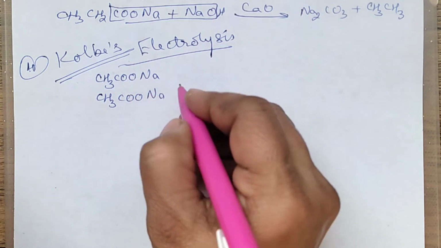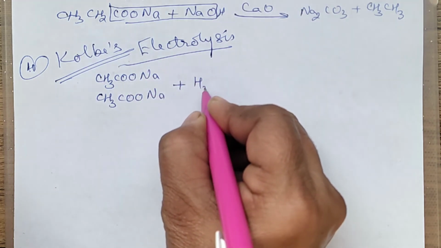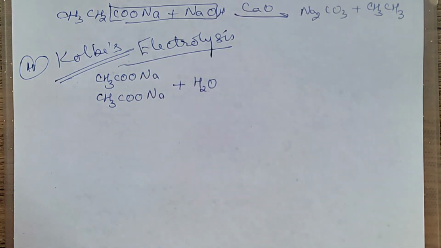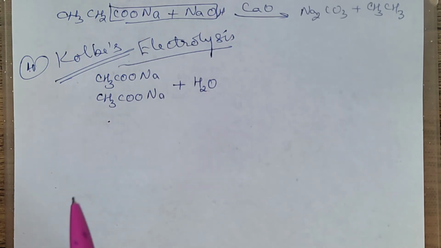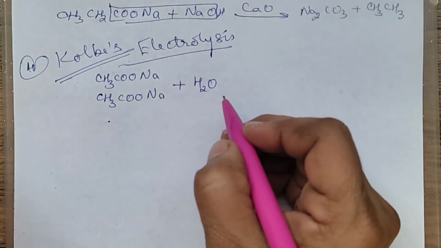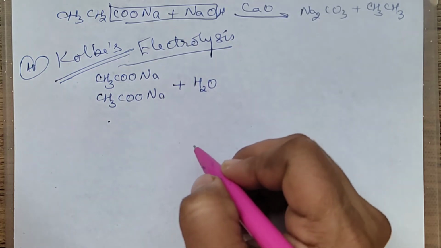You will use its aqueous solution, because to carry out electrolysis you have to make a solution and then electric current is passed through it. We cannot use simply acetic acid here, because acetic acid is a weak acid and will not ionize easily. So you take the sodium salt, which can ionize easily and allow the electric current to pass through it.